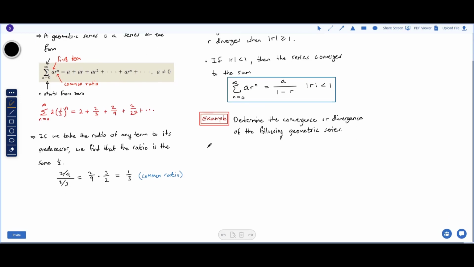So let's start with our first series. We'll do the sum from n is equal to 0 to infinity of 3 over 2 to the power of n.